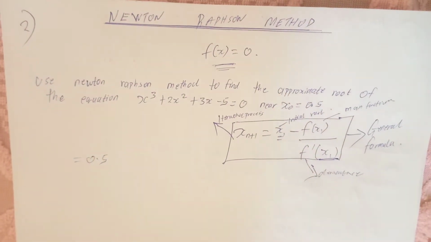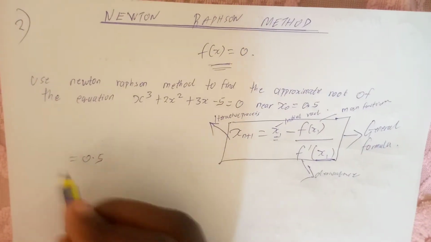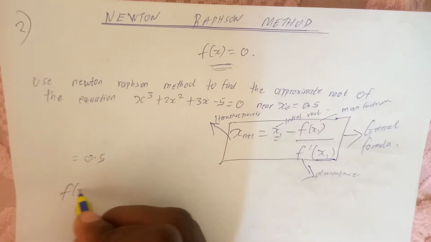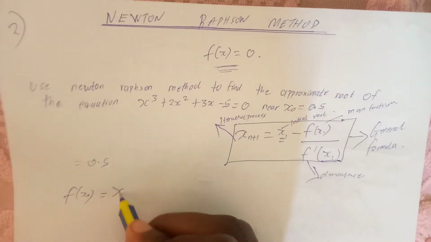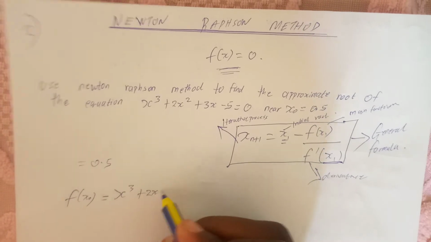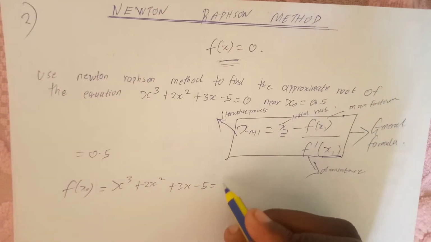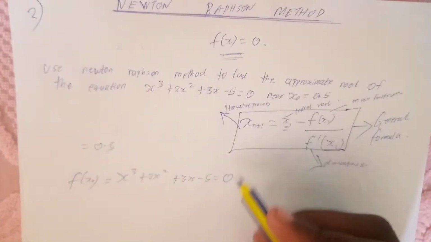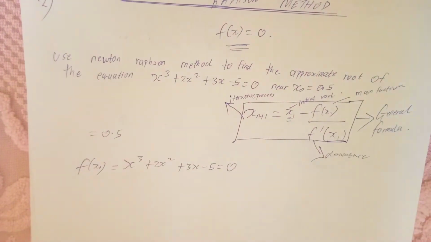Okay, the main function, you are all aware of it. That's the main function, which is x raised to power 3 plus 2x squared plus 3x minus 5 equals 0. And then let's find the derivative of the main function.